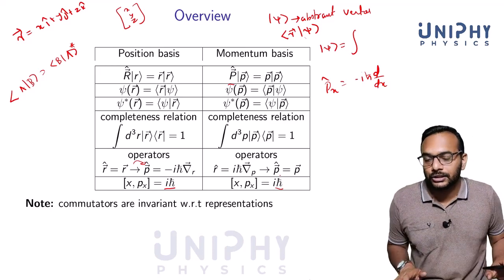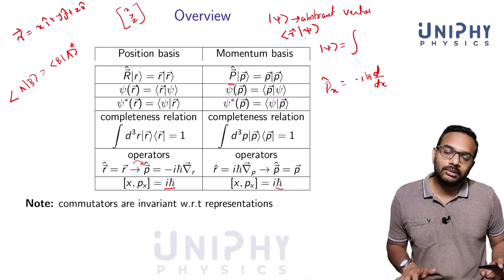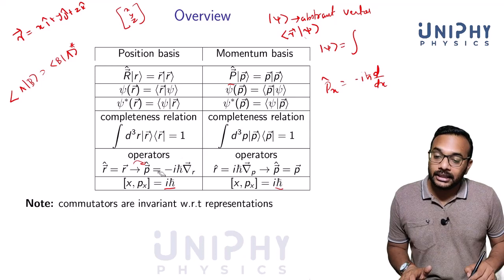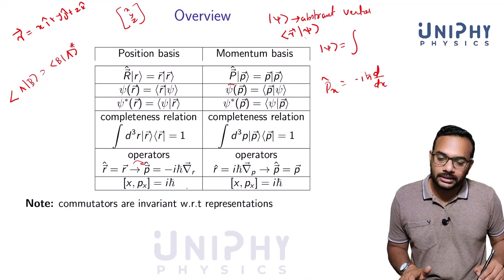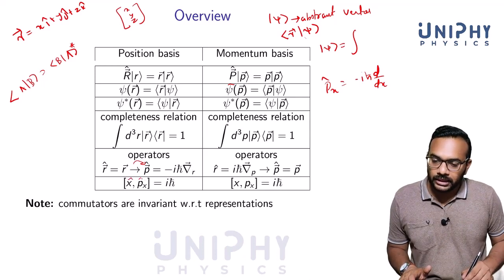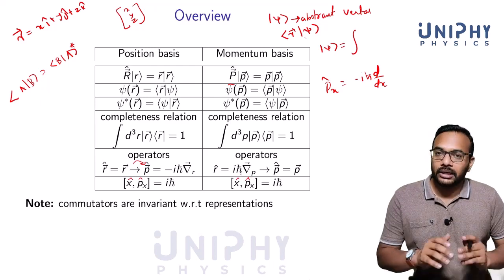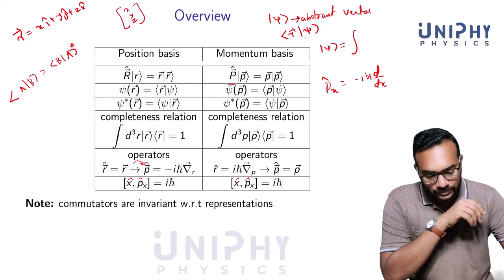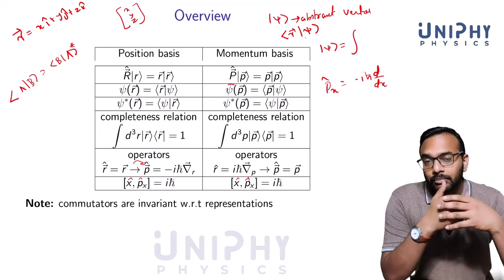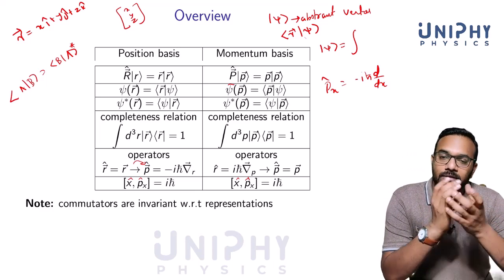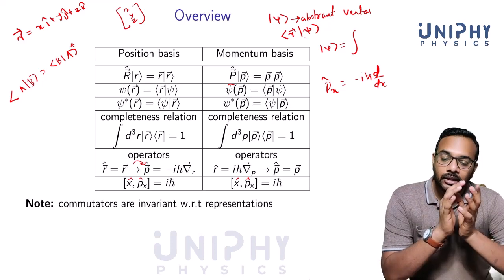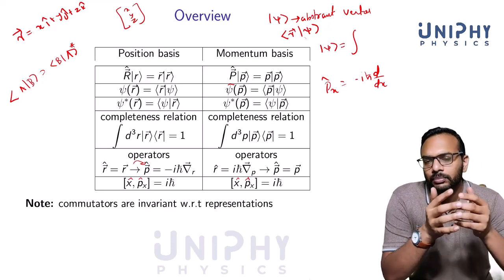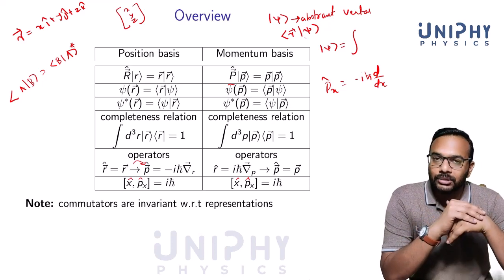Whatever representation you choose, the commutator relations are invariant. These are operators, so you have to be careful. Sometimes we forget this hat here, but these are operators. The commutation relations are invariant whichever representation you use; you can say that the operators are defined by these commutation relations.